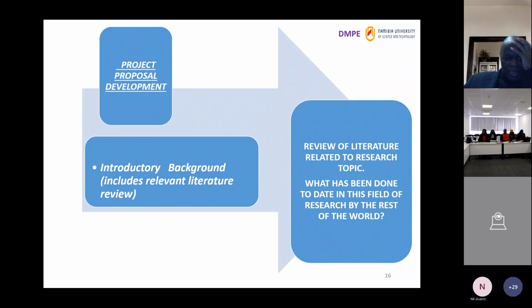So what does it take to write a good introductory background? Well, it requires you as a student or a researcher, if you like, assuming you are a staff, to review the literature related to the research topic.